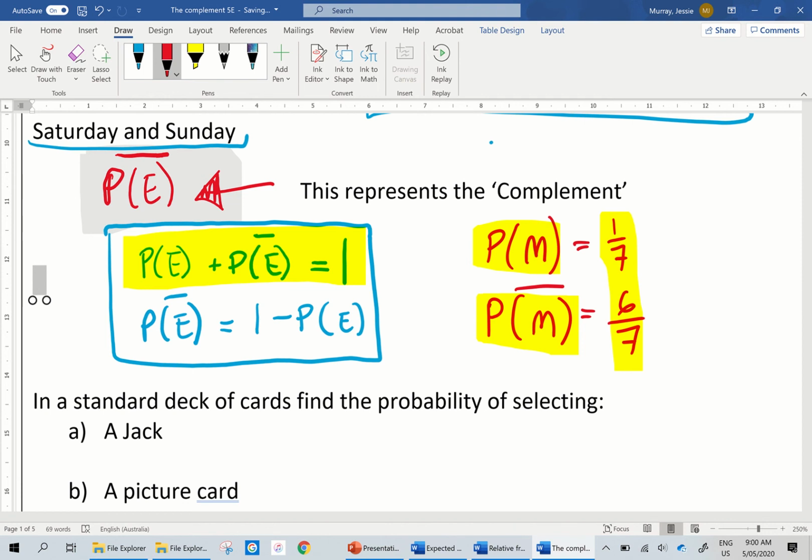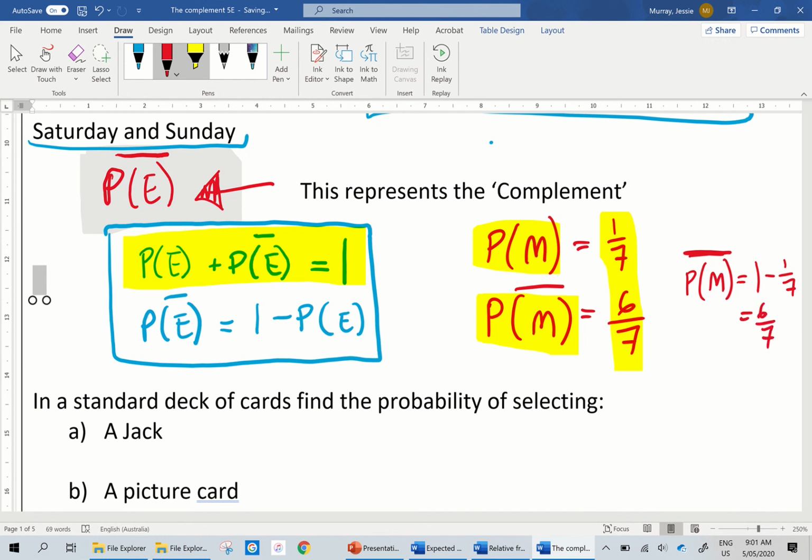That might look confusing to you, but think of it in this Monday context again. The probability of Monday not occurring, we really just went 1 minus 1 on 7th, which gave us 6 on 7th. So it's just that mathematical way of doing it.